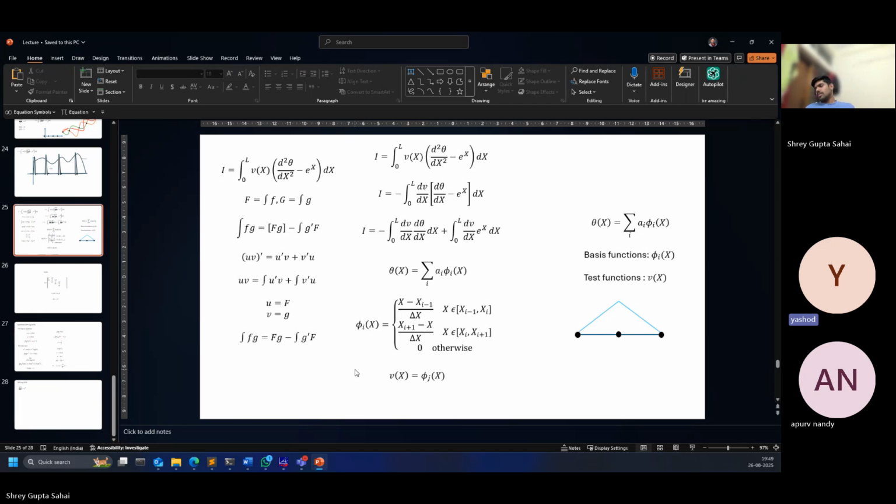If the shape function phi i of x is a linear function, then the weight function will also be the same function. Like if phi of x is of the form ax plus b, then our v of x will also be of the form ax plus b. That is one assumption that is made in this formulation.